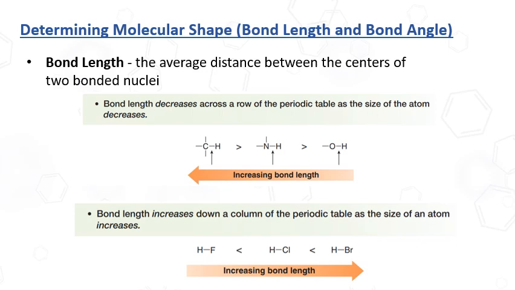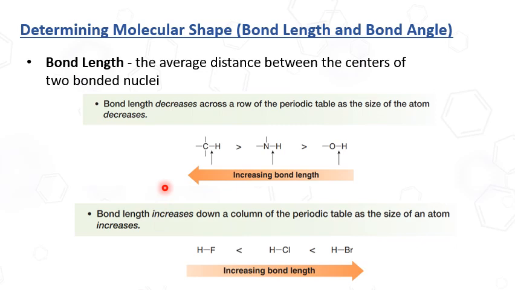So carbon, nitrogen, oxygen, for example, going from left to right, the size is getting smaller, and consequently, if they're bonded to the same atom, H, for example, the bond length will be decreasing, or in reverse, if you go from right to left, bond length is increasing.